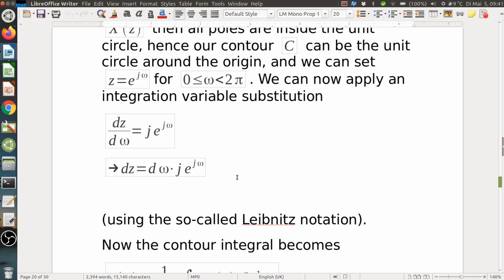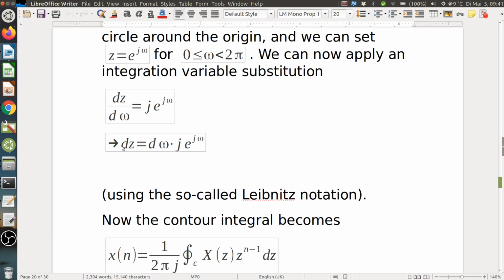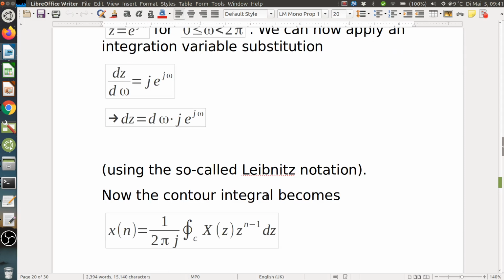But you can imagine, instead of infinitely small d's, we can have finitely small deltas, and then it's actually also possible in normal math. Since we have infinitely small d's here, this is called Leibniz notation. And this can be used then to substitute the integration variable.